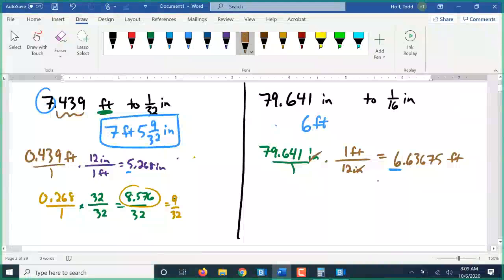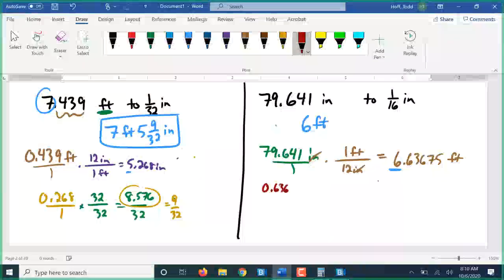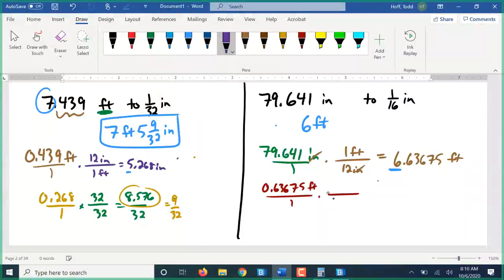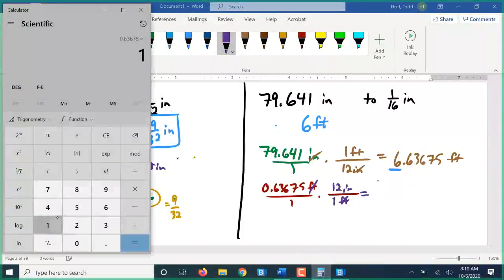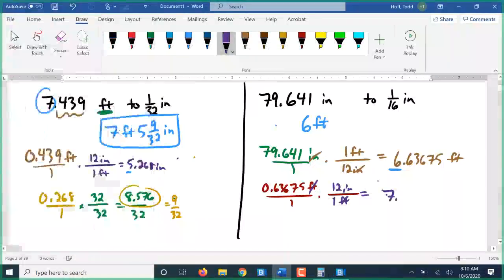Now I have to turn that decimal, 0.63675 in this case, back into inches. So I'm going to multiply by 12 again. That gives me 7.641 inches.